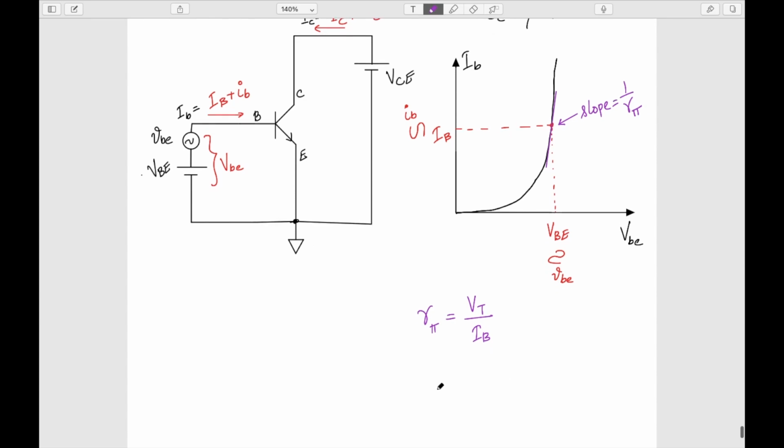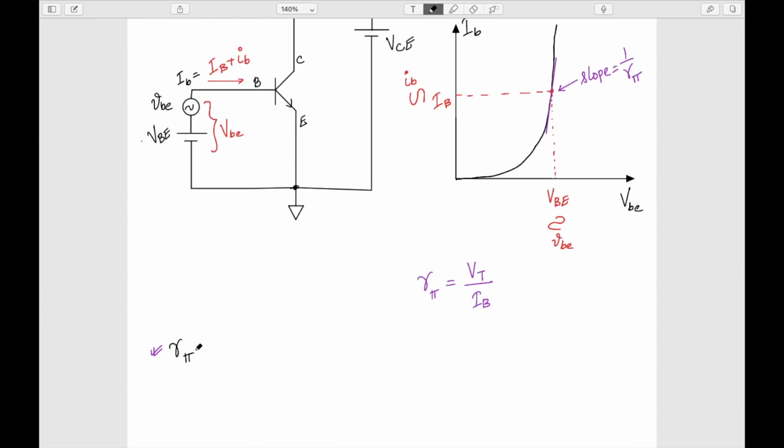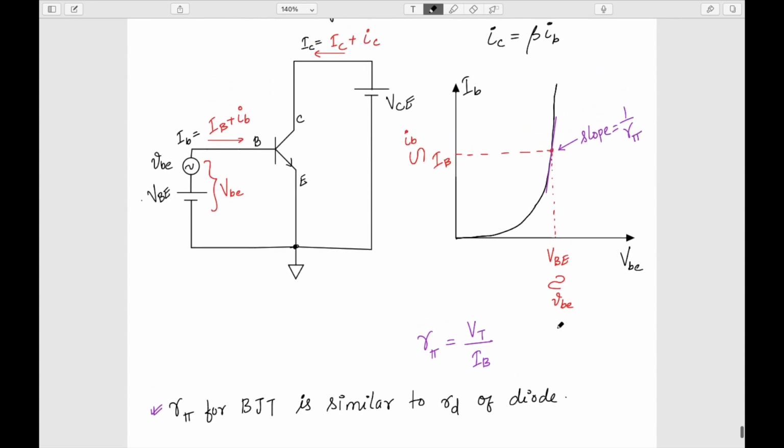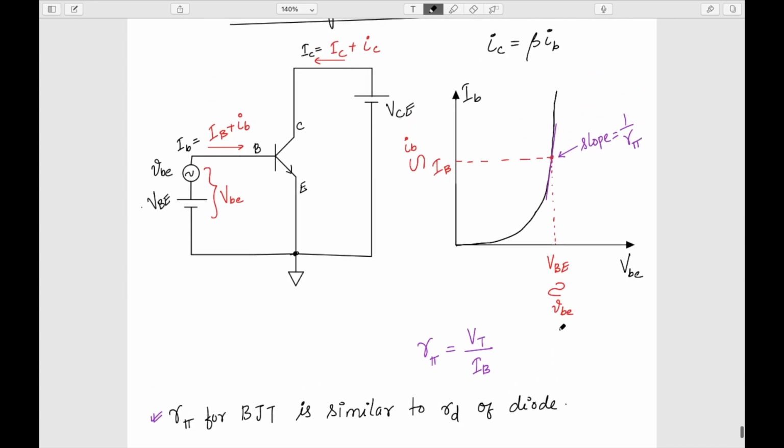So R pi for the BJT is similar to RD of the diode. That's why the expressions are also the same. Of course, what we have seen here is the change.